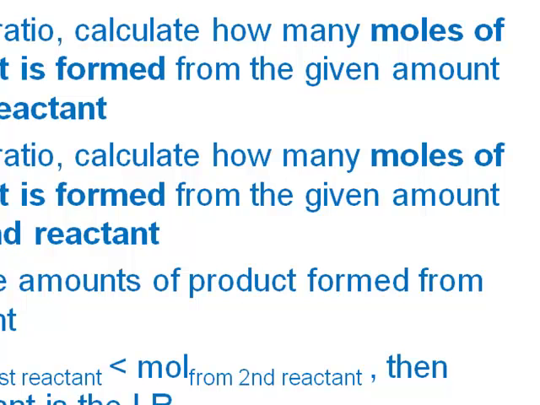The good thing about this is, once you figure out which one of these is the limiter, let's say this was the limiter here, then all you got to do is take that, convert it into grams, and you're done if that's what the question asks. So if the question is asking, how much CO2 is produced in this reaction? Hey, once I get here, I just do one more step and I'm done. You have to do more work up front, but that's it.